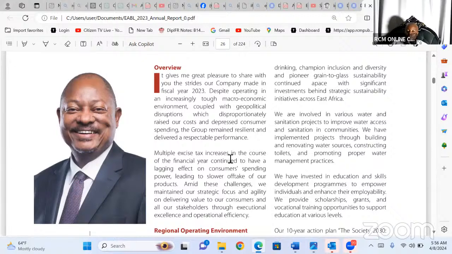Multiple excise tax increases in the course of the financial year continue to have a lagging effect on consumer spending power, leading to a slower offtake of our products. Amid these challenges, we maintained our strategic focus and agility on delivering value to our consumers and all our stakeholders through executional excellence and operational efficiency.